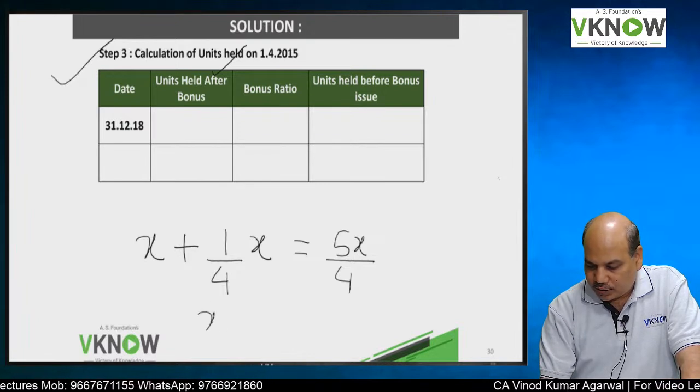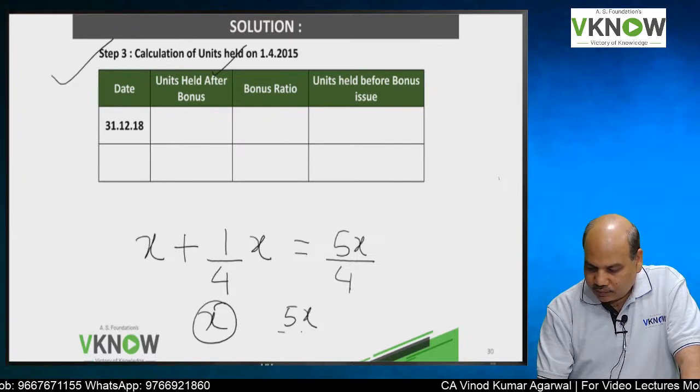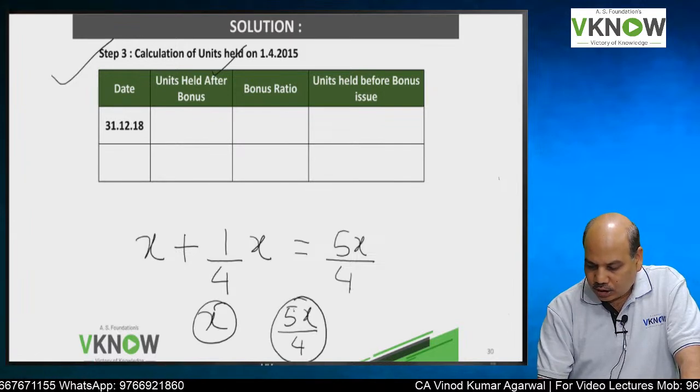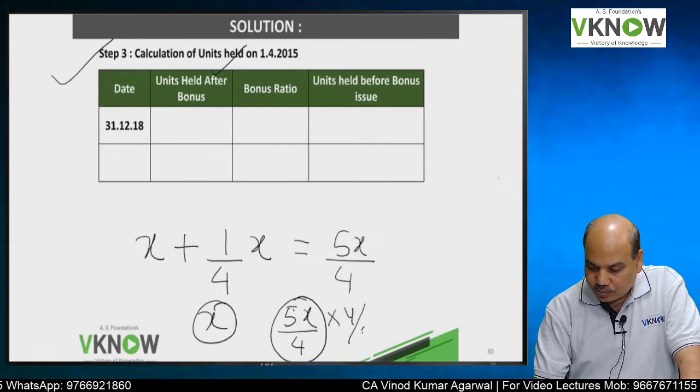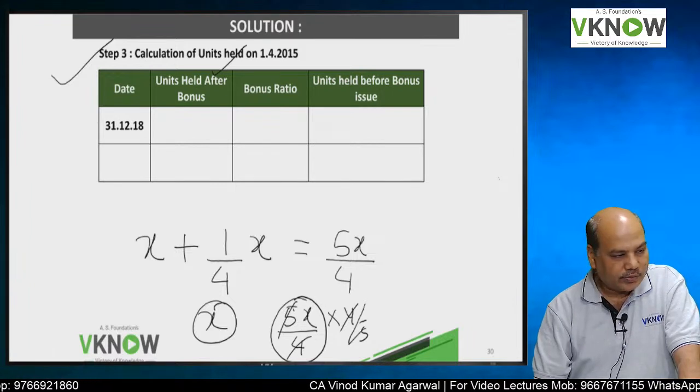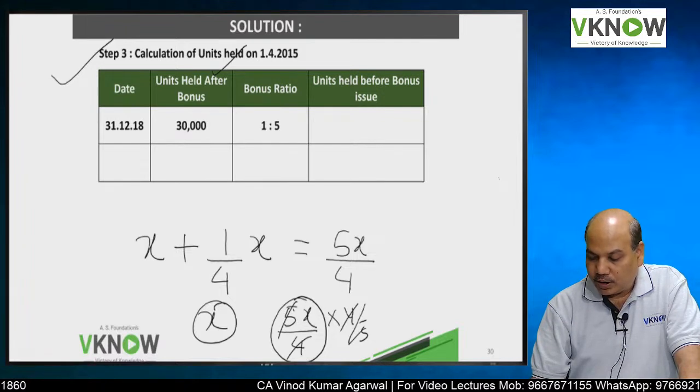So if it is X before bonus issue, it is 5x by 4 after bonus issue. So if I multiply this by 4 by 5, I'll get the value of X.